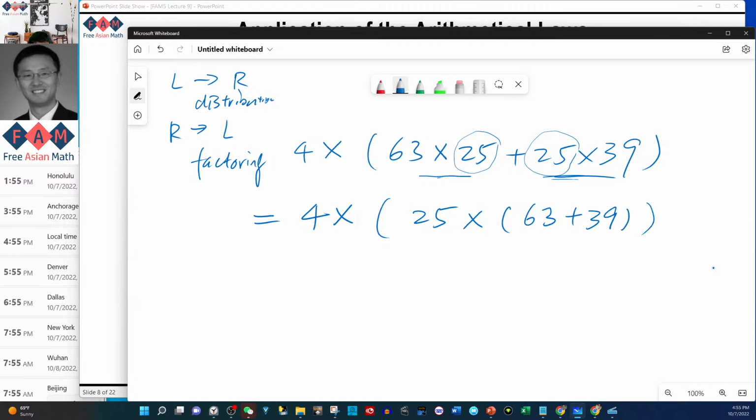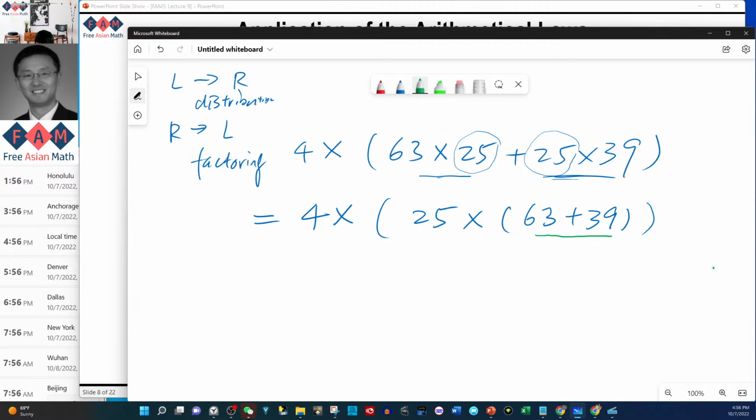So at this point, 63 plus 39, you can also see that that is quite close to 100. It's not exactly 100 because to get there, 63 need to plus 37, right? But we have 39. That's 2 more than 37. Therefore, the result of 63 plus 39 is 2 more than 100.